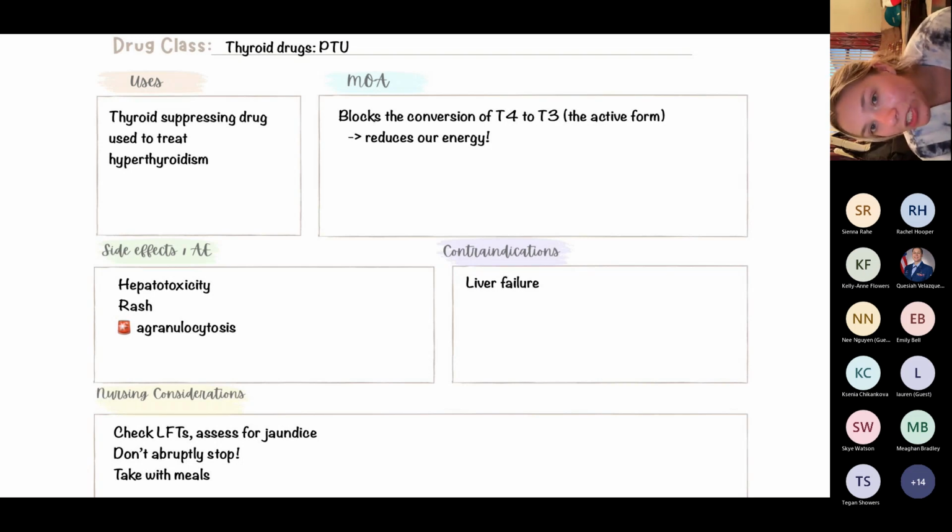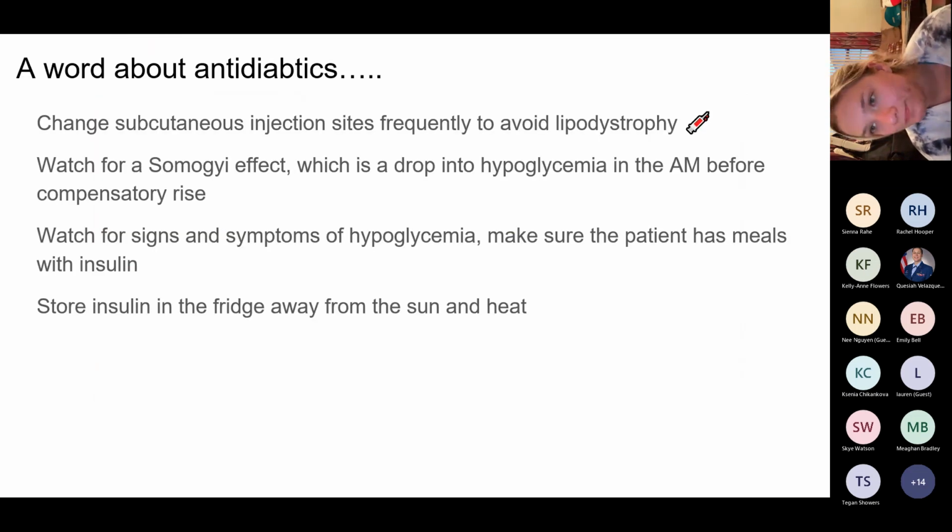However, a big issue is agranulocytosis, so please watch your CBC. It can also be pretty darn hepatotoxic, so monitor for signs and symptoms of liver failure, but please review your agranulocytosis.